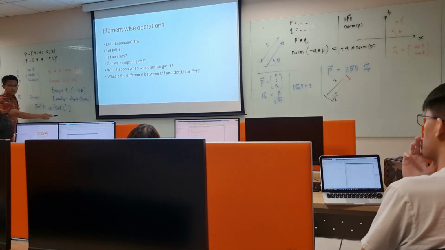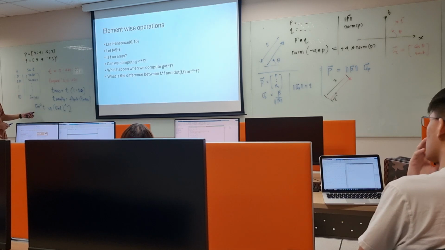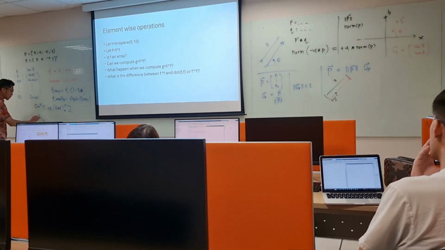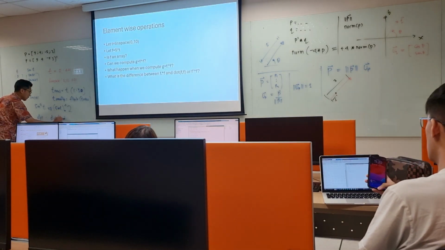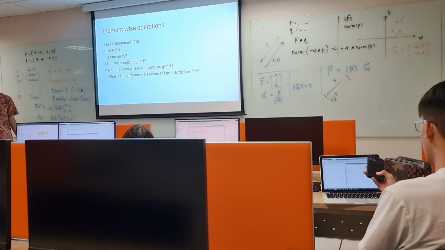So this is called what? Element-wise operation, not dot product. Okay? Dot product of this will be what? If it is dot product, of course you do dot of sine t comma sine t, and the result is a scalar, not a vector.